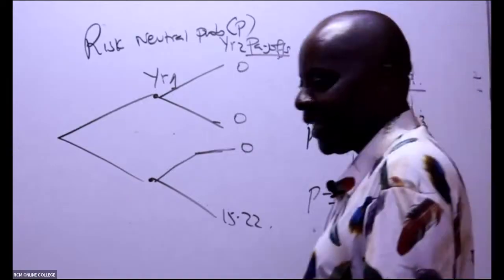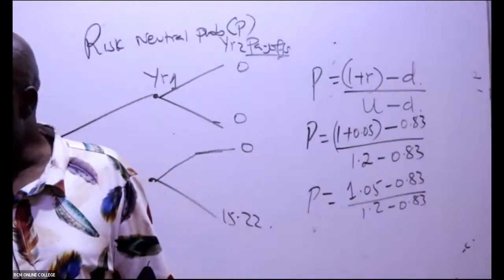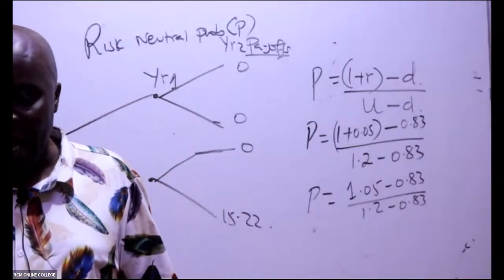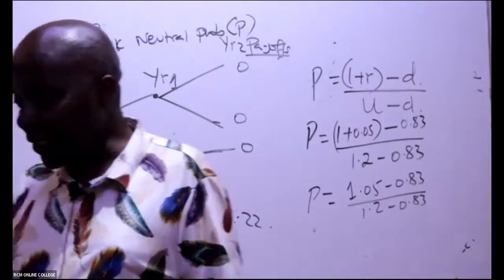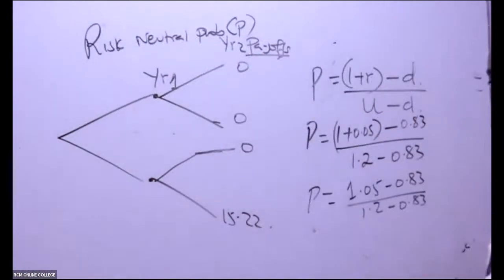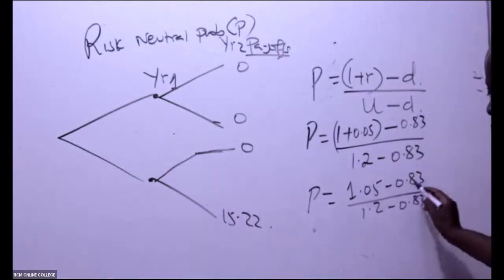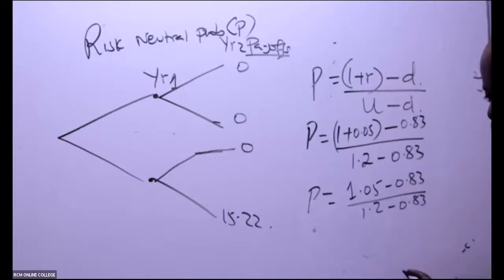So at the end of the day, who is able to give me this answer? I'm being given an answer of 0.59. Is that okay? You get this numerator divided by the denominator.